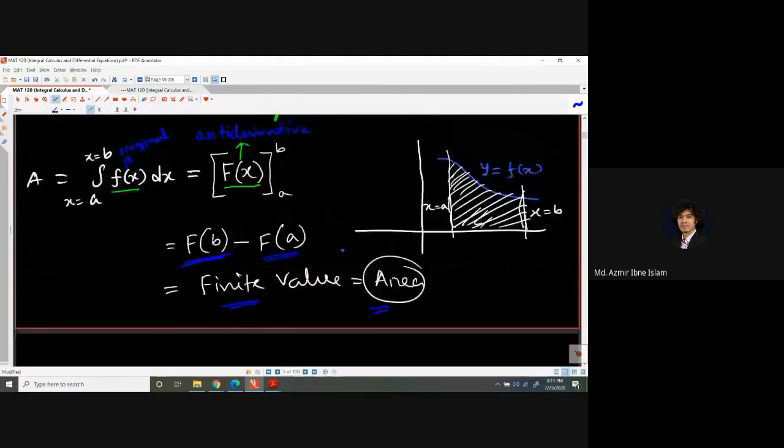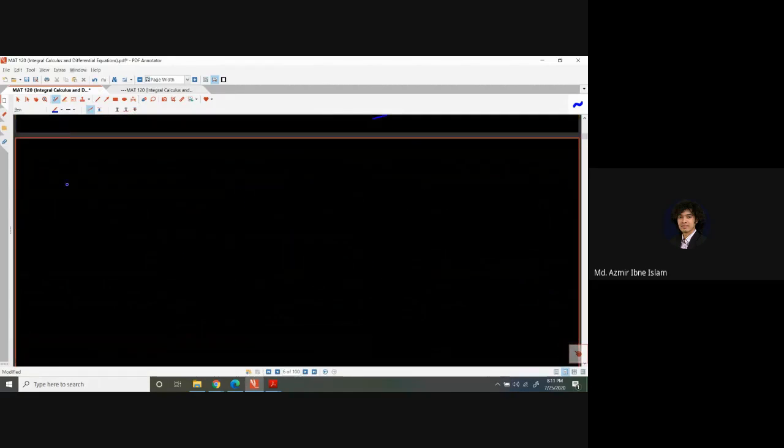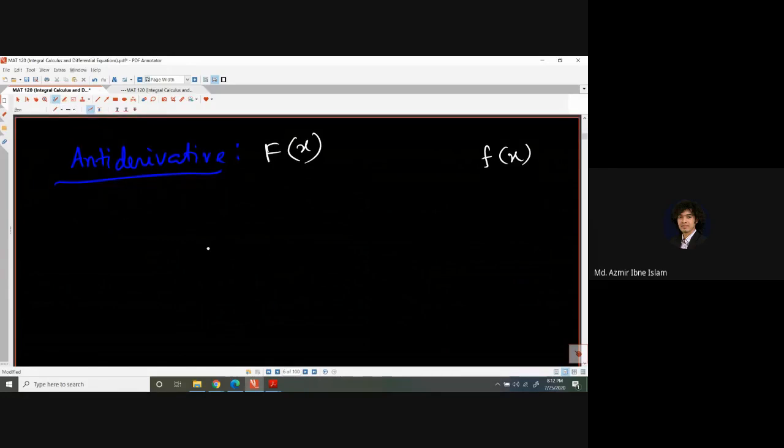Now let's focus on this antiderivative part. So what is the antiderivative? I am writing the antiderivative as capital F of x, and the original function is small f of x.